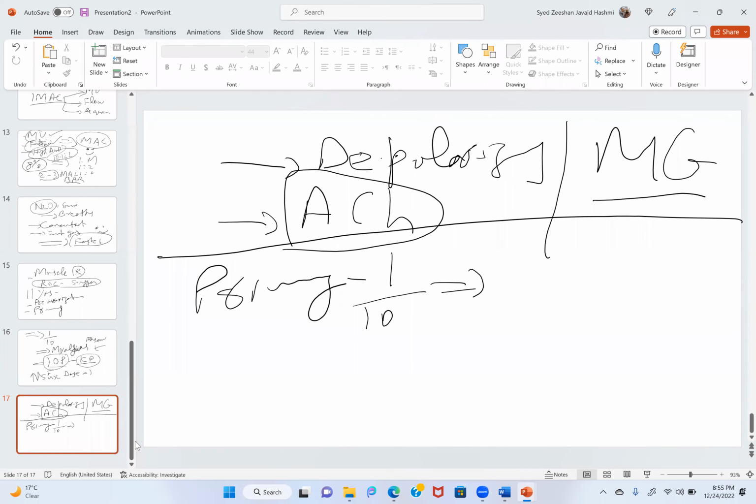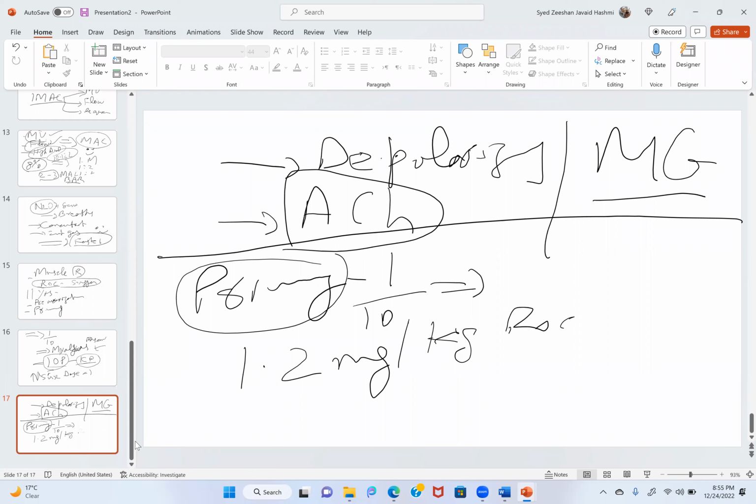Another option, with or without priming, is an increased dose. For example, if you are giving 1.2 milligram per kg of rocuronium, you can achieve the intubating condition within 60 to 90 seconds. So practically it becomes just like suxamethonium. If I know that there is a long procedure, I should give a high dose.